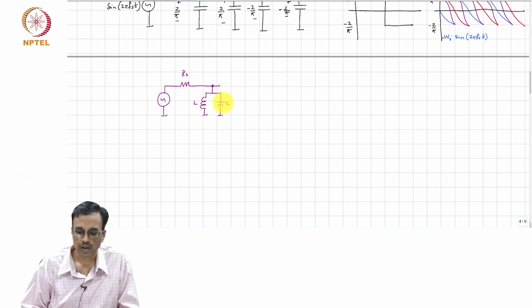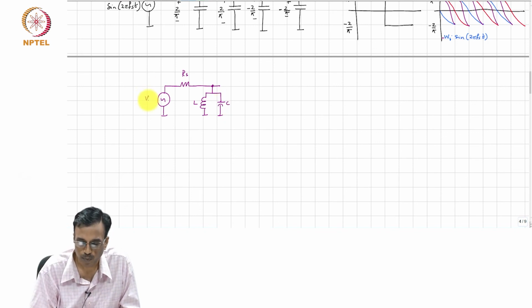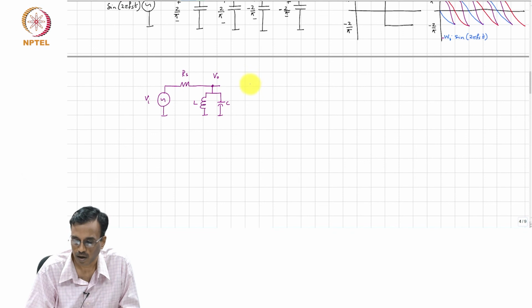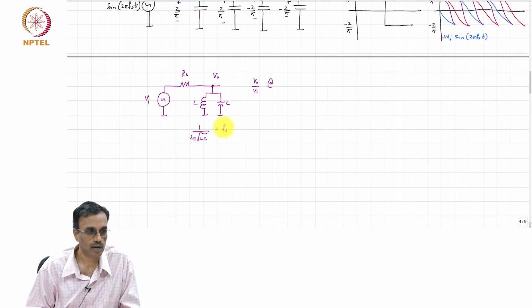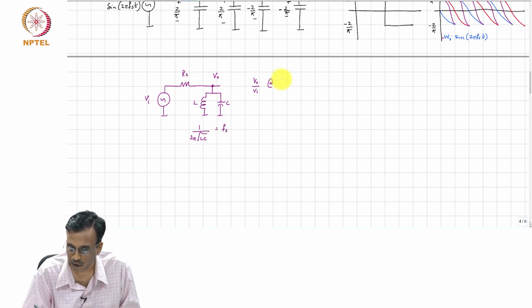Right, and what comment can you make about VO by VI, so let us say 1 by 2 pi square root LC is chosen to be Fs, correct. So, what is VO by VI at Fs?